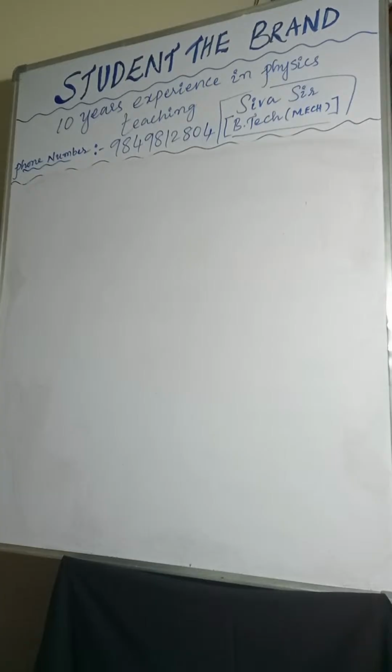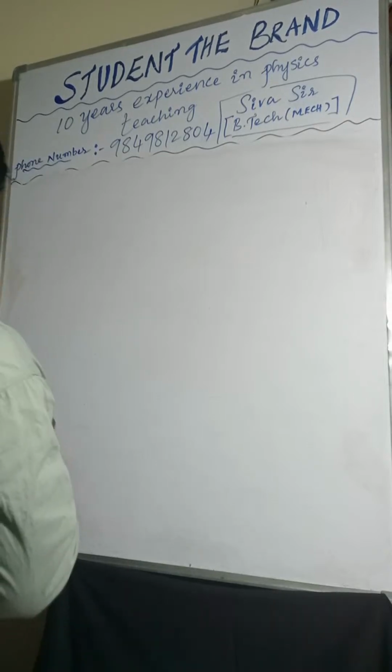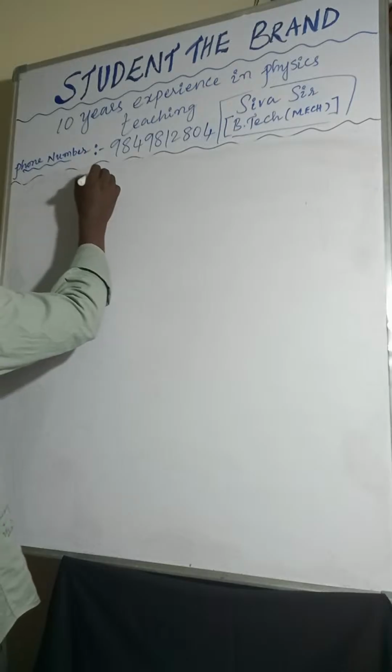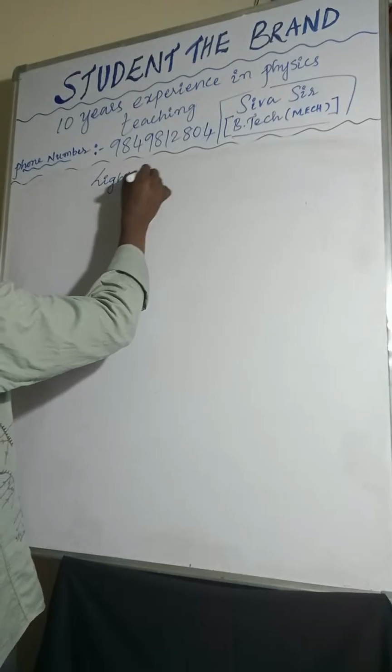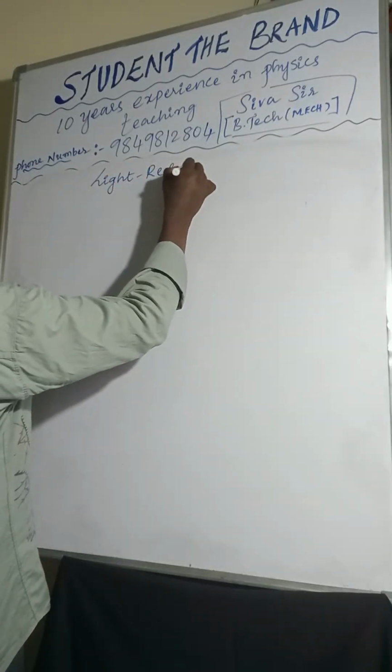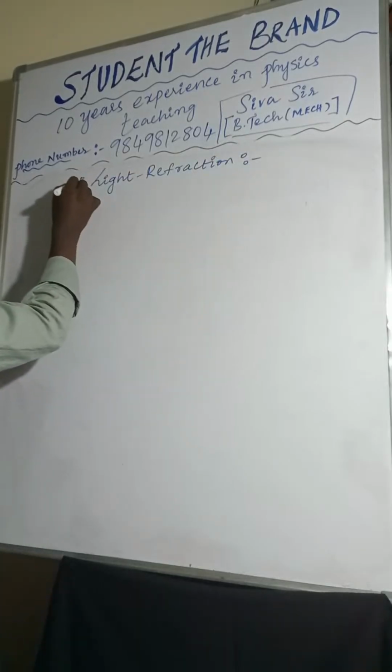When light is passing from one medium to another medium, at the point of interface, refraction takes place, which means bending of the light. So once again, I'll discuss refractive index and light refraction.